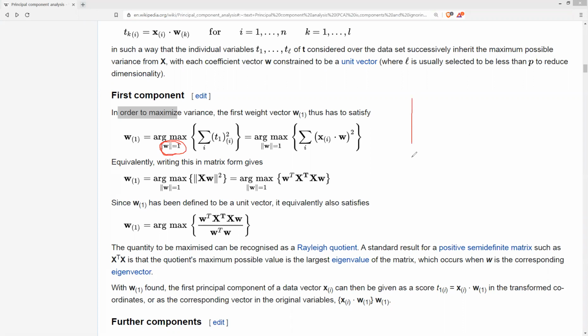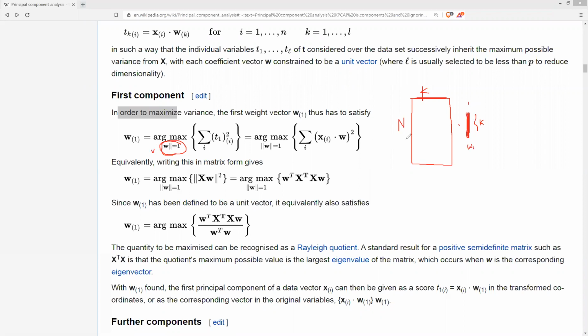So again, we have this original data with k columns, and then we find the first weight vector, W1, and the length is of course k. It has k elements in this vector, and that is of course a linear combination of these k vectors, such that the length of this vector W1 is 1.